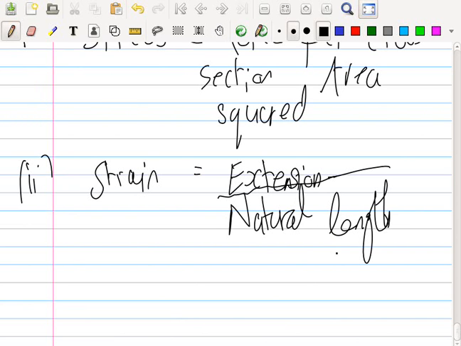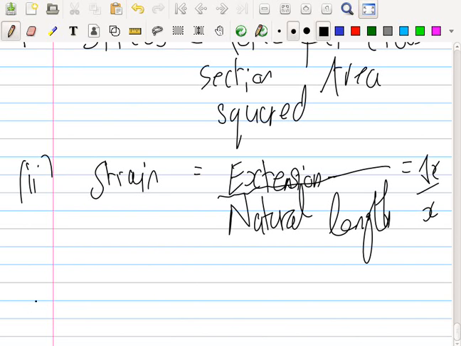The formula is delta x over x. But because he's asking you to explain, I shouldn't write the formula down. I should write it out as strain is the extension in the length per natural length, or unit natural length. But you get the idea anyways, okay?